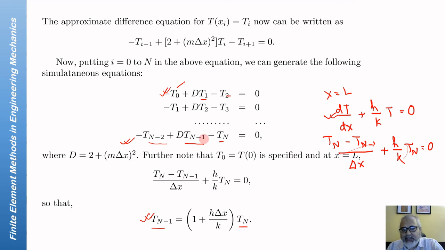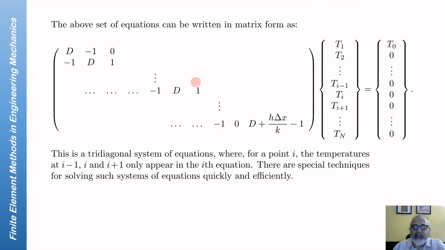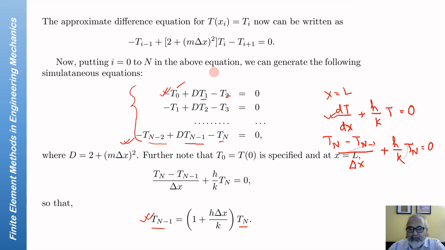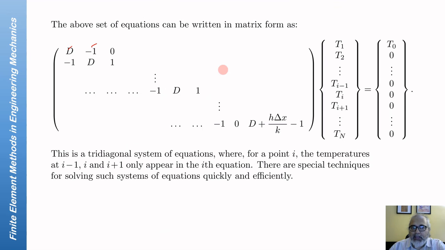So once these boundary conditions are implemented, I can write this complete set of simultaneous equations in the form of a matrix. So the first equation is, this is for t1, this is for t2, and that is equal to t0, whatever t0 is given as.